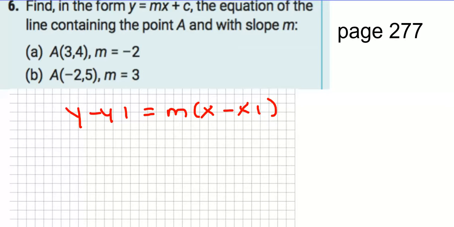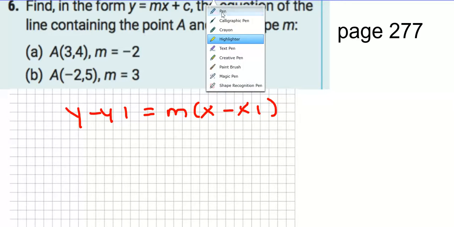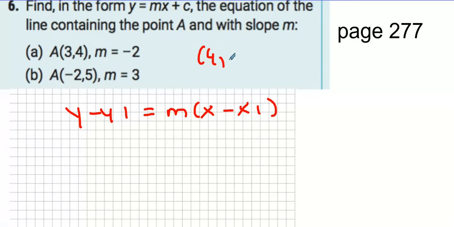Now here's what you're going to do. I'm going to make up my own question because I don't want to do your question for you. You're going to do 4, 5, and 6. Does everybody see the question I made up? 4, 3, slope is -3. Here we go. Instead of m, what do I put in? -3.